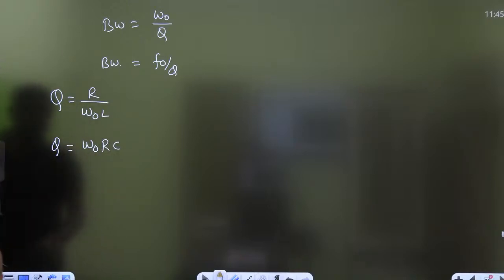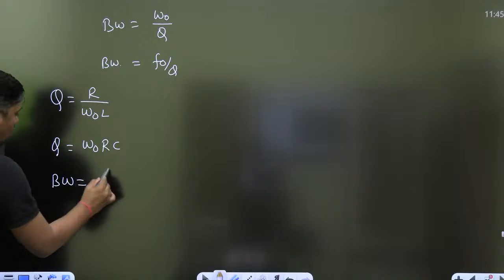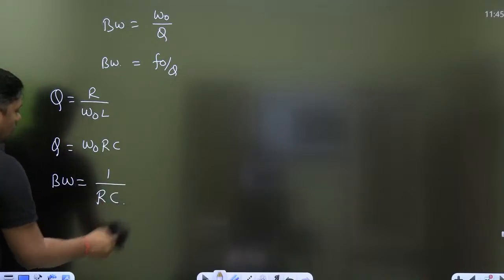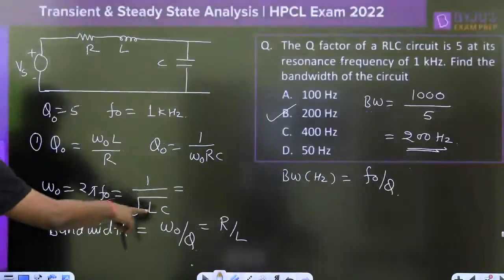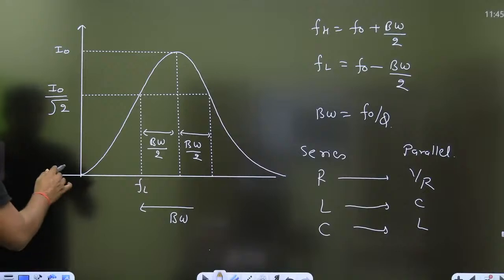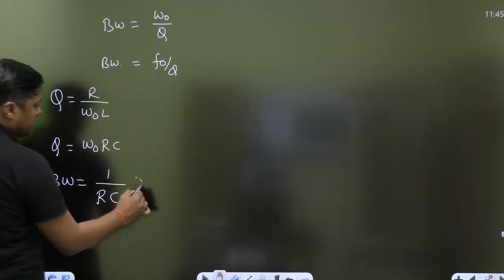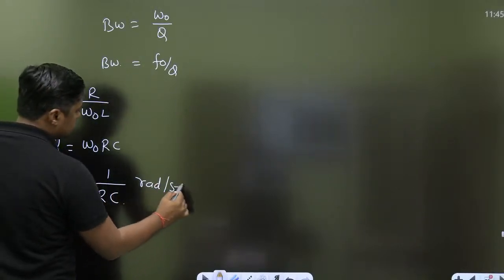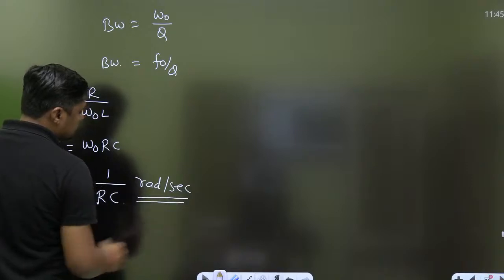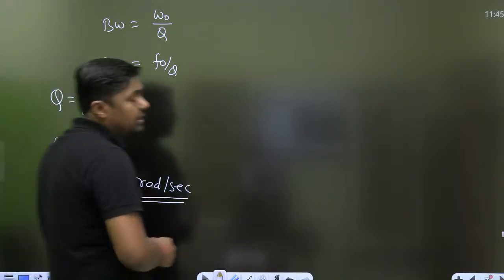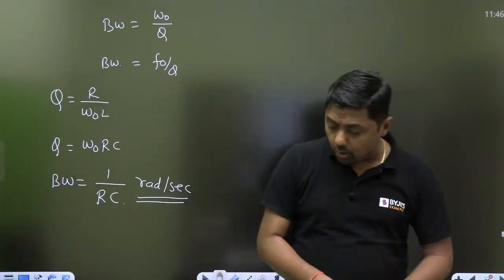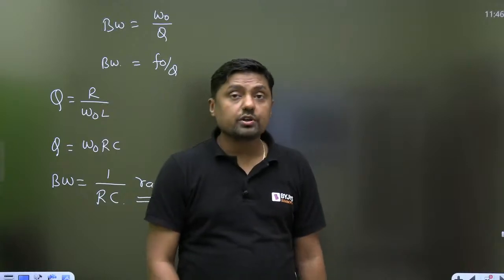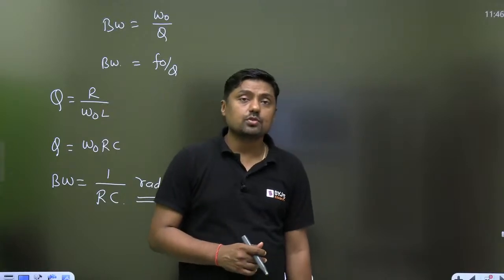That will be the quality factor. And the bandwidth: here it was R by L, here it will become 1 by RC, in radian per second. So this is all about series resonance, parallel resonance and steady state analysis of the sinusoidal signal.